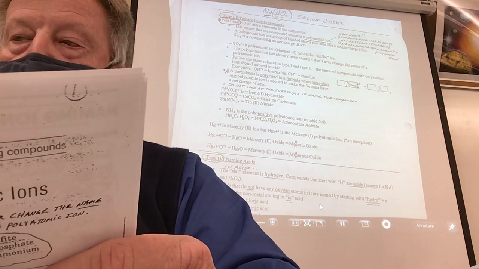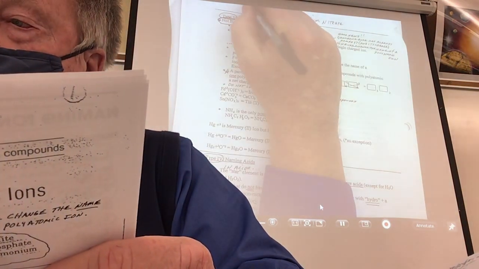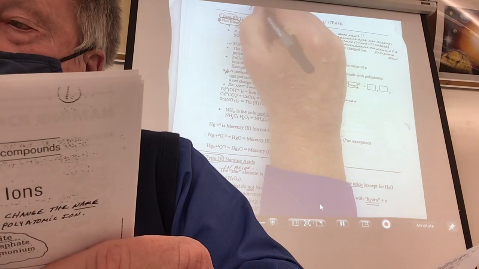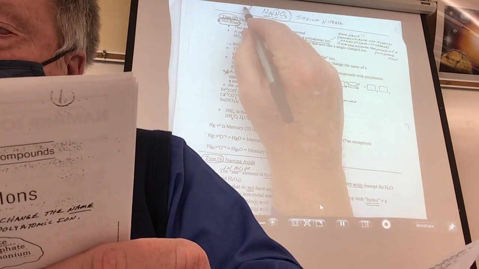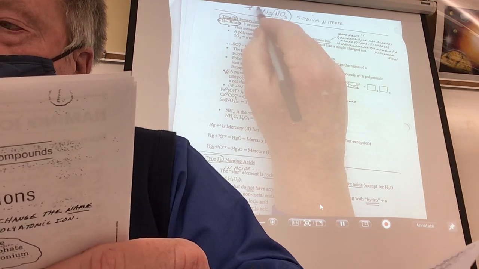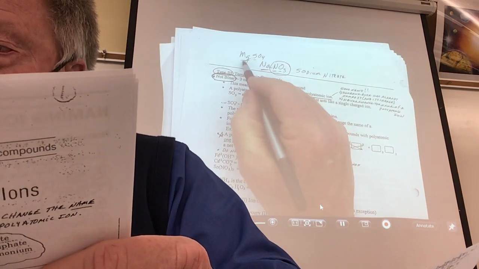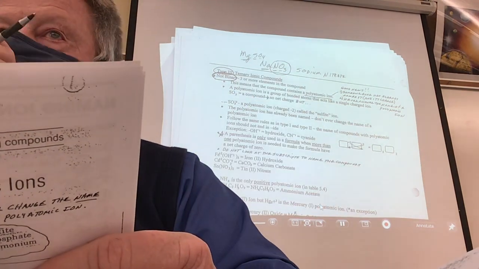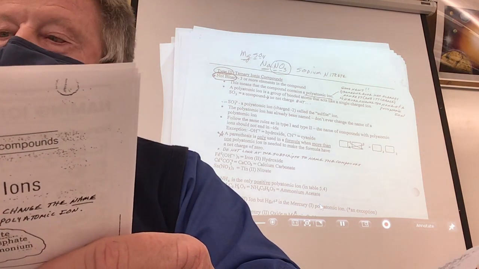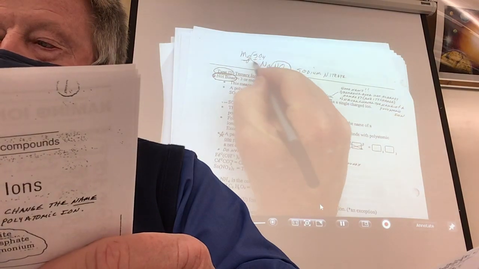Now, let's do another one. See if we can do this one. Look, how many elements are in this thing? 1, 2, 3 elements. Okay, it can't be type 1 or 2, can it? So the good news for you is I'm going to go look that up.